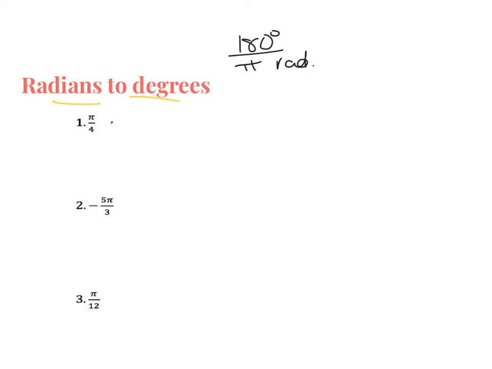So we're going to take pi over 4 and multiply it by 180 degrees over pi radians. The nice thing about this time is that your pi units cancel out and leave you with just numbers. So really what you have is 180 divided by 4. Once we do 180 divided by 4, we get an answer of 45, and we're talking about degrees this time.